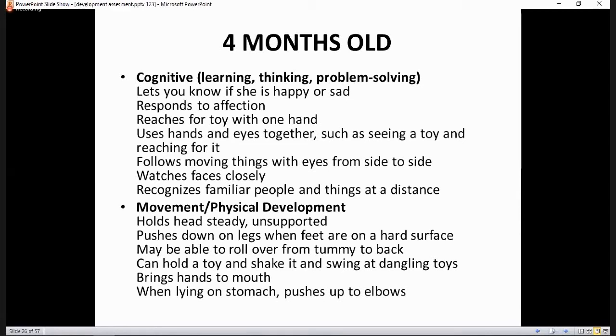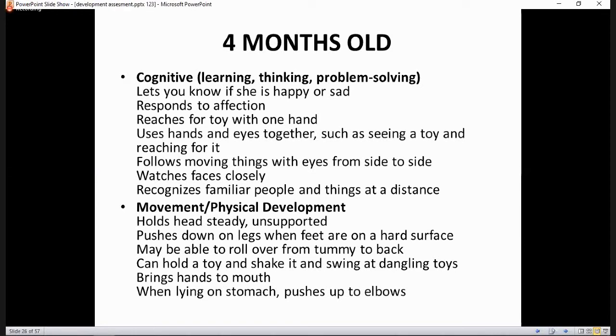Uses eye and hands together, such as seeing a toy and searching for it. They may follow moving things with eyes from side to side. Watches faces closely. Recognizes familiar people and things at a distance.